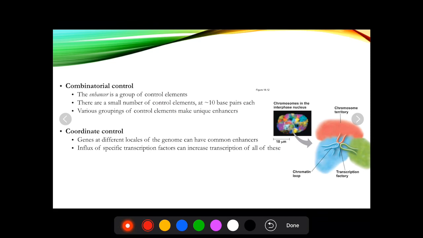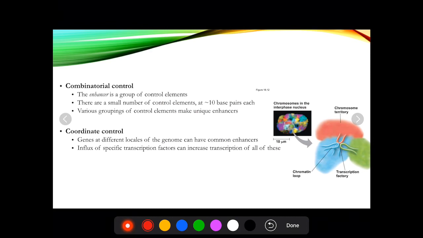Okay? And so the way that we control, because this isn't just about getting the polymerase there, it's about getting the polymerase to only the genes that we want to be transcribed. And so the way that that happens is what is called combinatorial control. Essentially, each enhancer is just a different combination of control elements.